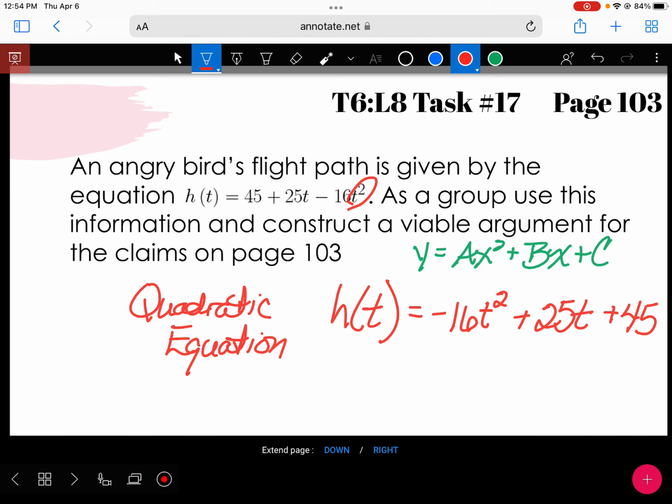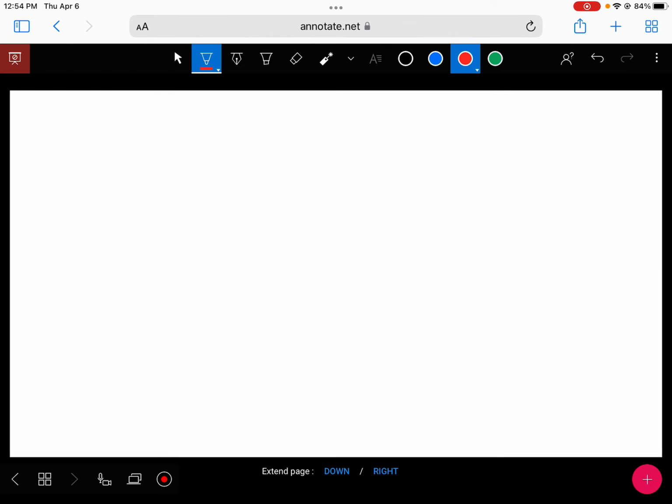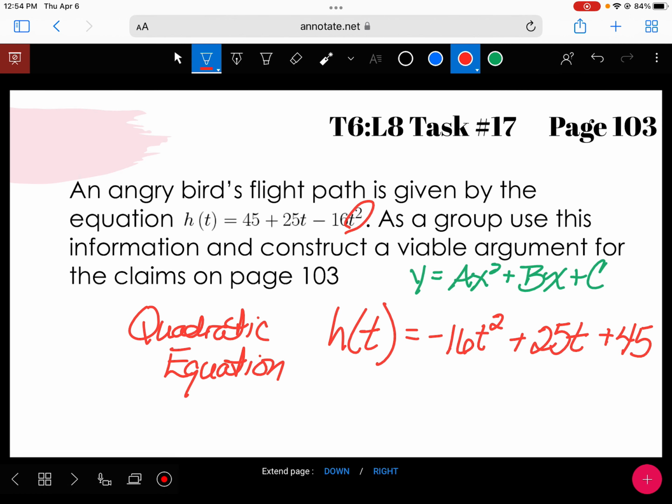Okay? It says, as a group, use this information and construct a viable argument for the claims on page 103. So take a look at page 103, and we can look. Wait, go back. Oh, I guess that's it. Shoot, that is it. All right, so I guess we need to look here. I was thinking it was on this slide.